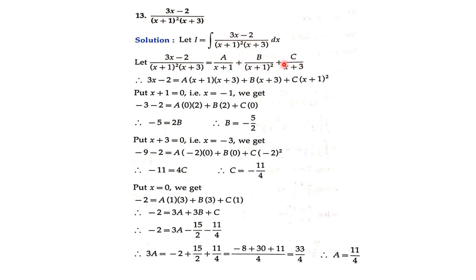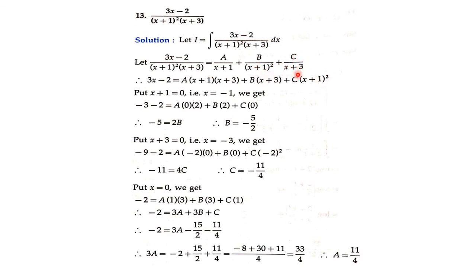Now here three terms are there. So we have to multiply A by one more (x + 1), because the square is there, the highest power, and one more term (x + 3). So A(x + 1)(x + 3) + B(x + 3), because the (x + 1) square is already there, so we multiply only by (x + 3), + C(x + 1)².